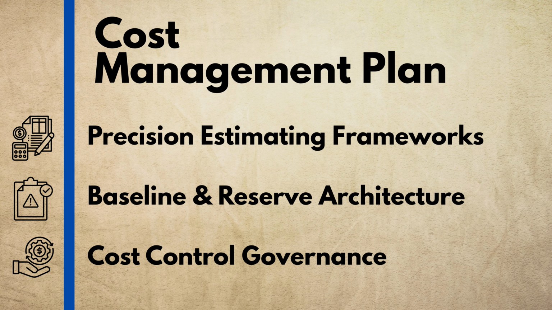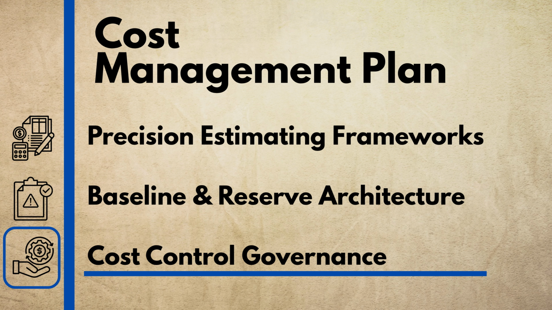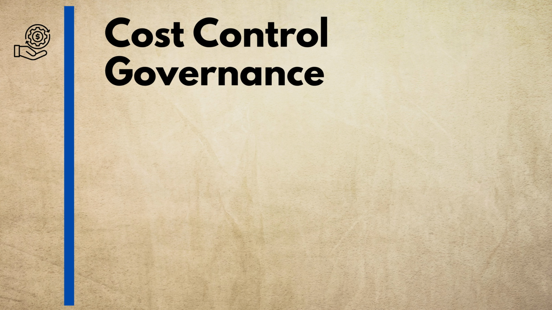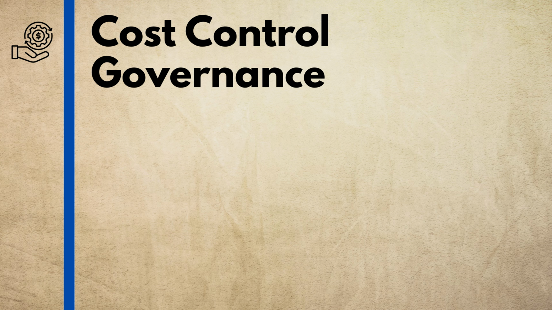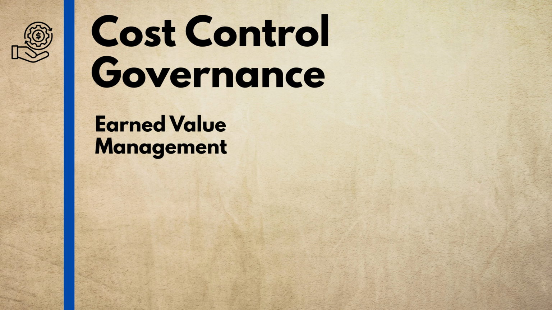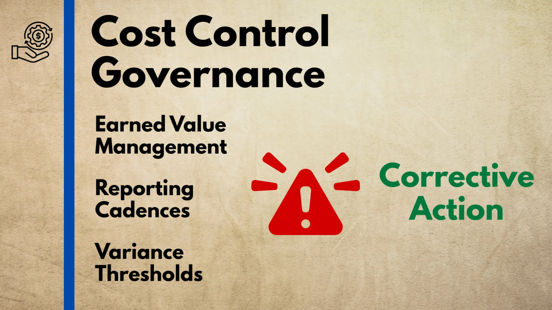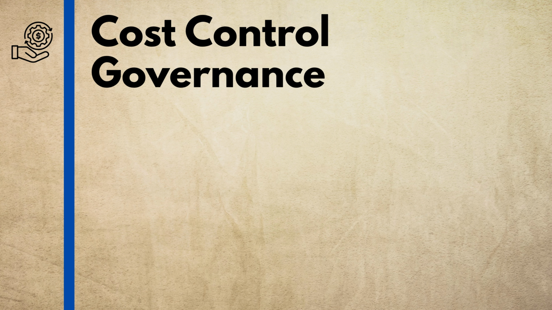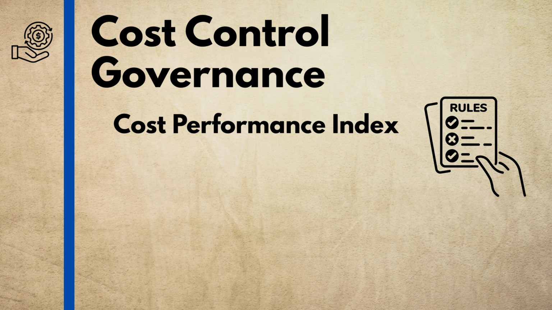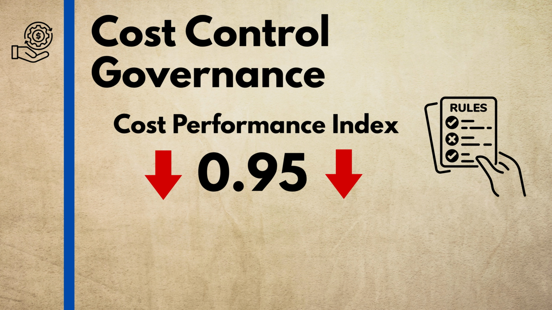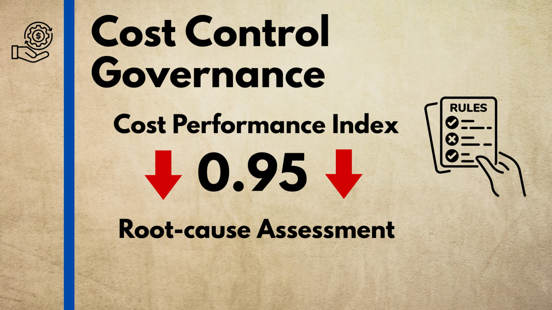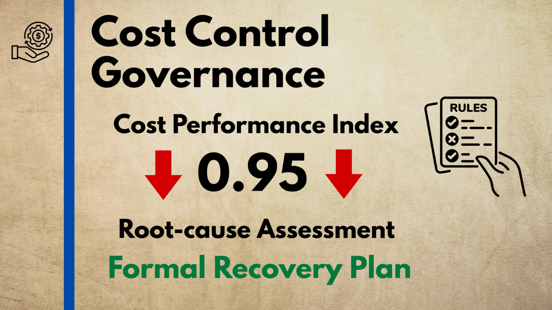Third, a robust cost management plan implements cost control governance. This defines the exact earned value management techniques, reporting cadences, and variance thresholds that trigger formal corrective action. For instance, it sets a clear rule that any cost performance index dropping below 0.95 requires an immediate root cause assessment and a formal recovery plan.